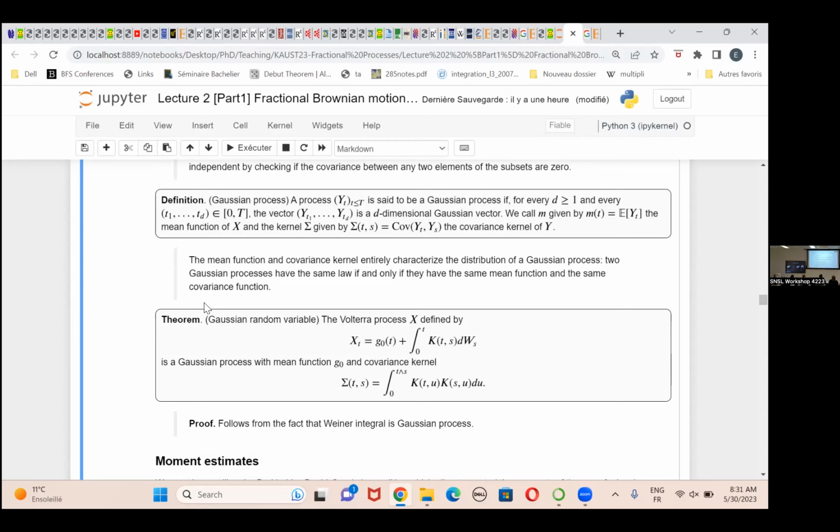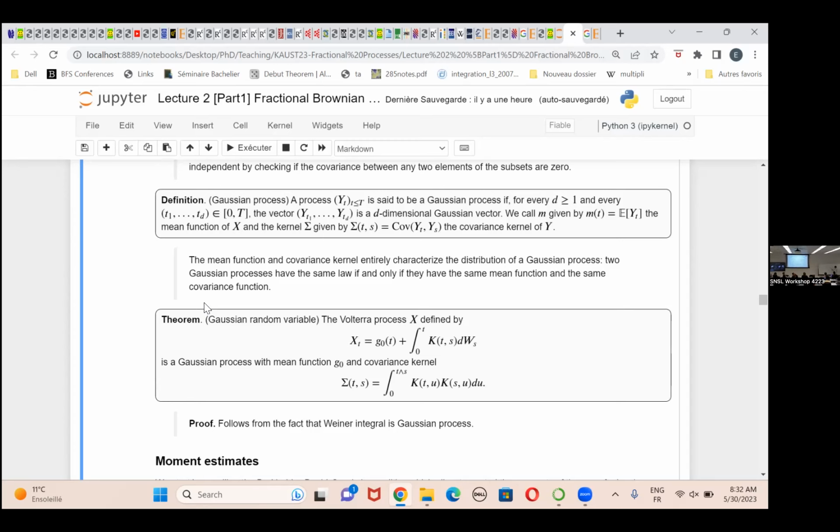Let's say you have a kernel K(t,s), where t and s vary in [0,T]. You can discretize time: take t1, ..., tn, with t0 equal to 0 and tn equal to capital T. You can look at this matrix, which is (n+1) times (n+1), collecting the values of K evaluated at different ti, tj.